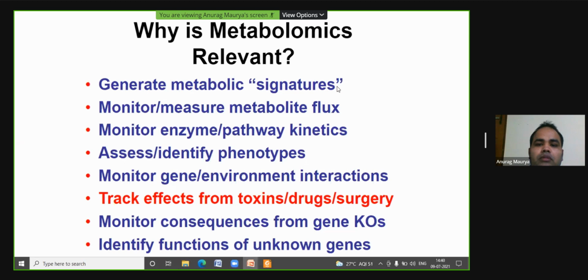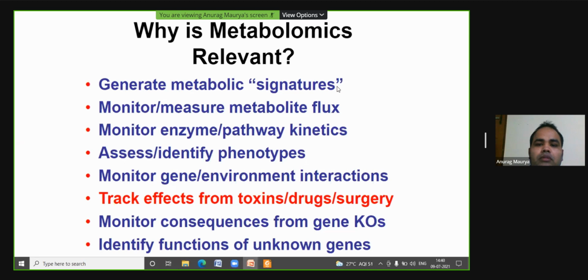There are some other related terms. Metabolic profiling, we see this. The session for today is for the introduction of metabolomics to you, and from the next class we will see some techniques which are utilized in this particular field. So what is metabolic profiling?